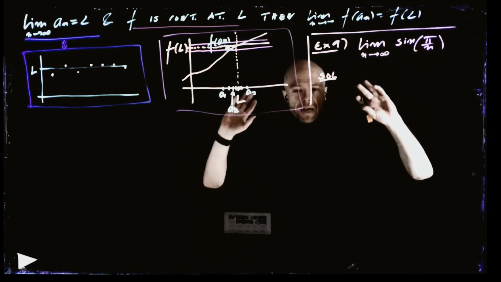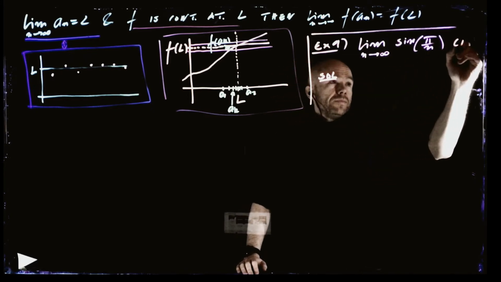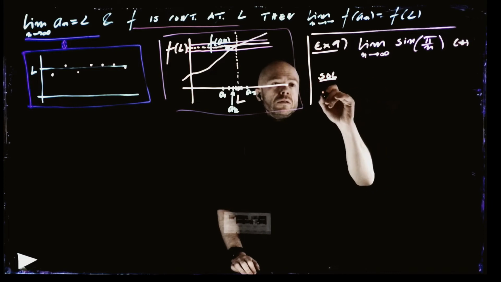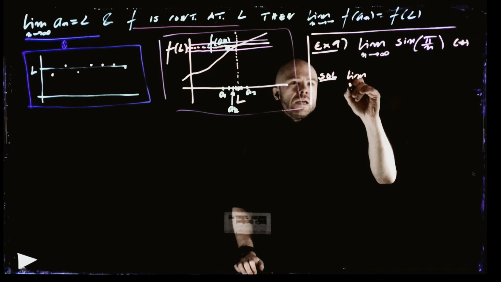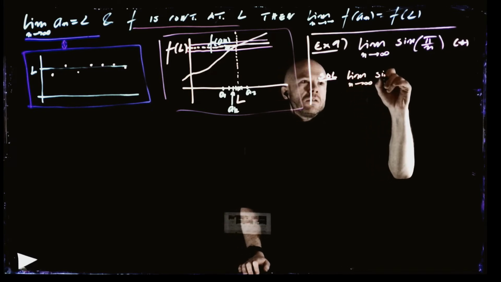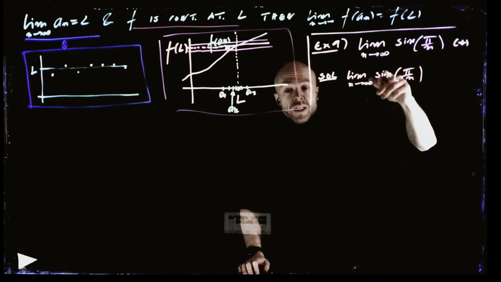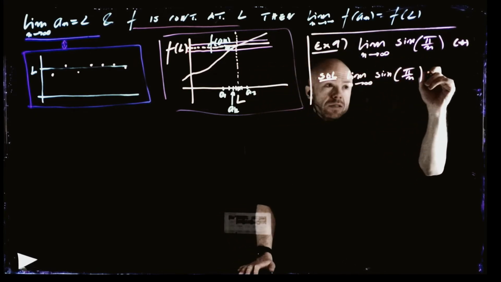So by application of the theorem, let me write the full thing. The limit as n goes to infinity of sine of pi over n should be equal to sine of the limit of the sequence, which is 0, and sine of 0 is 0.